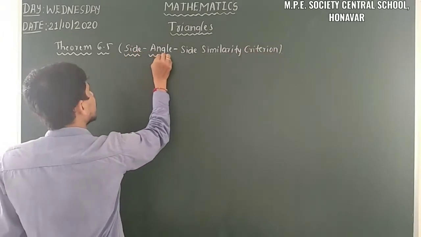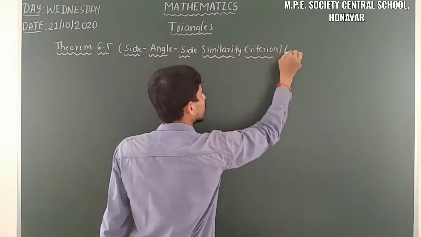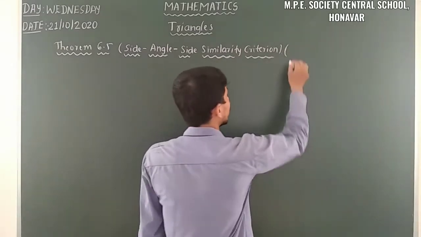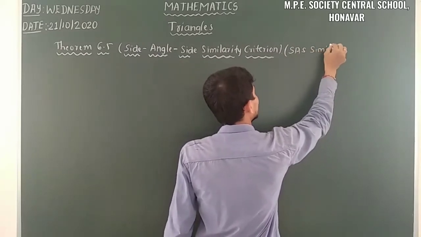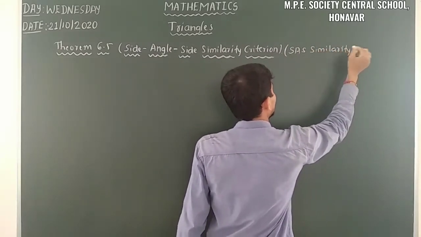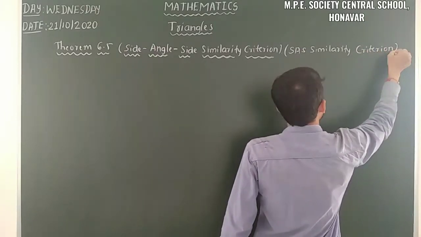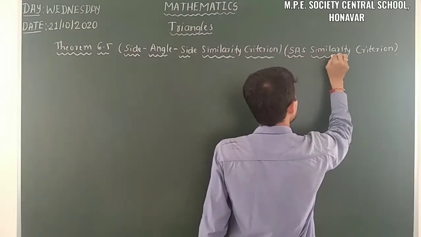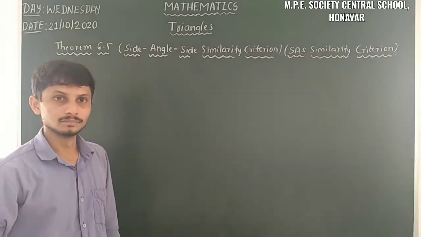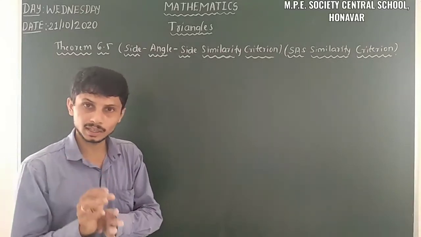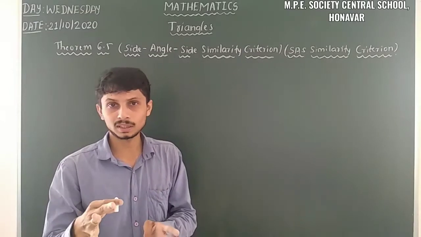Side angle side similarity criterion, or also we call it the SAS similarity criterion.